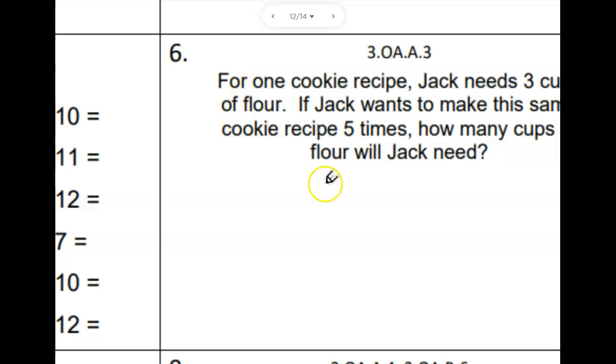Number 6, for one cookie recipe, Jack needs 3 cups of flour. If Jack wants to make the same cookie recipe 5 times, how many cups of flour will Jack need? Well, it gives you that keyword right there, times.